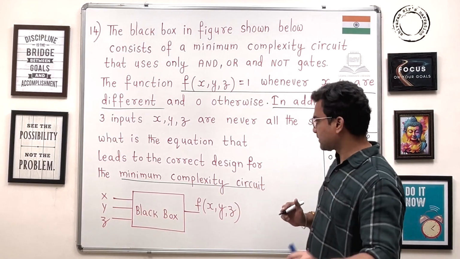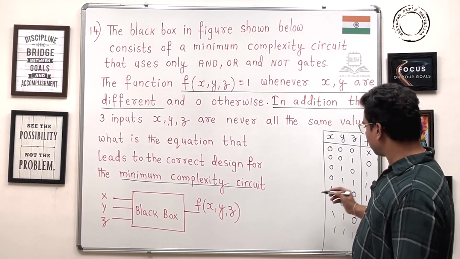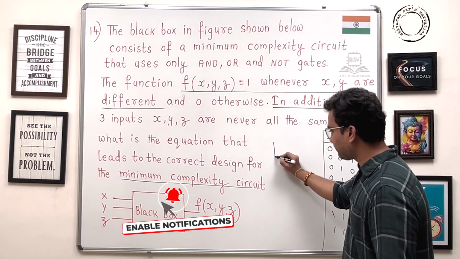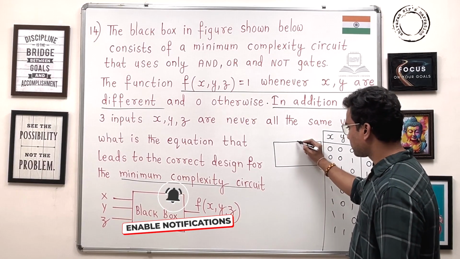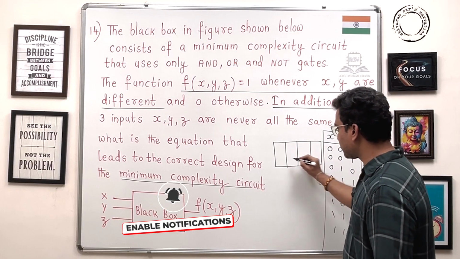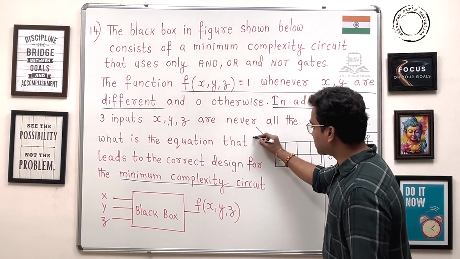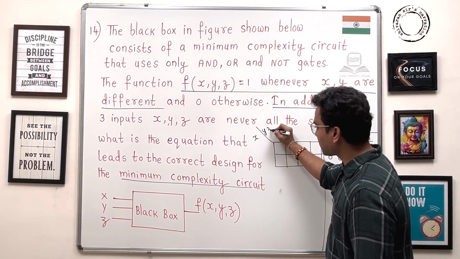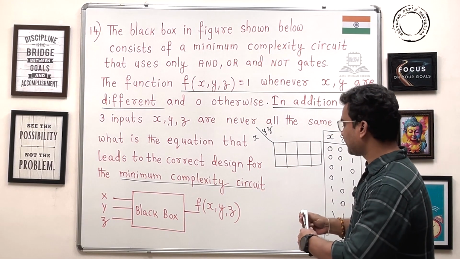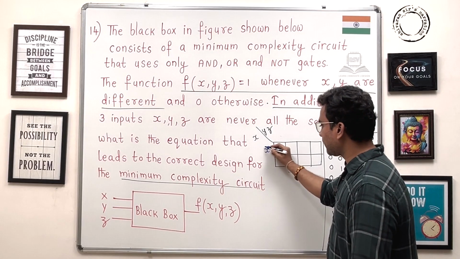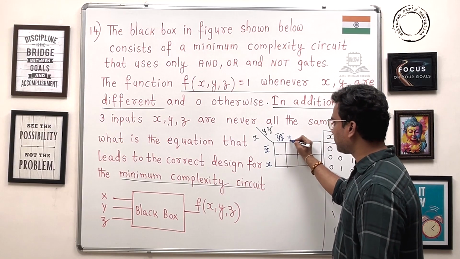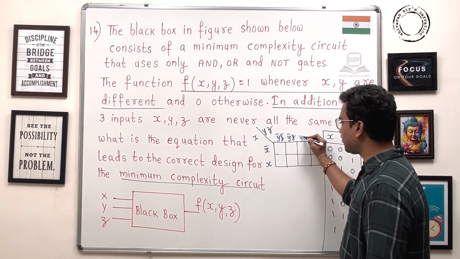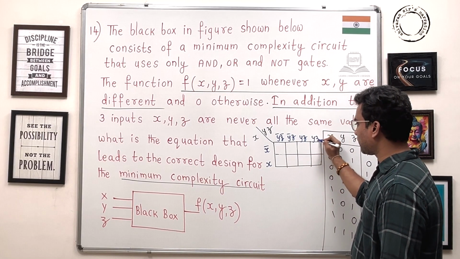That's it. Now if I take the 3 variable K-map, we get it like this: x, y, z, with columns y bar z bar, y bar z, y z, y z bar.